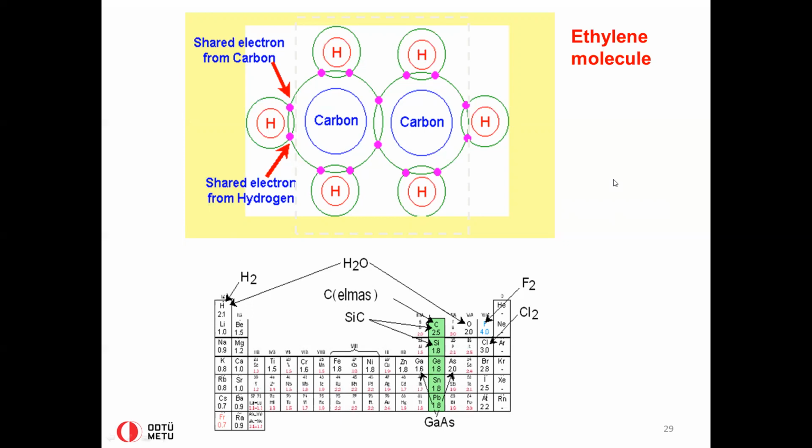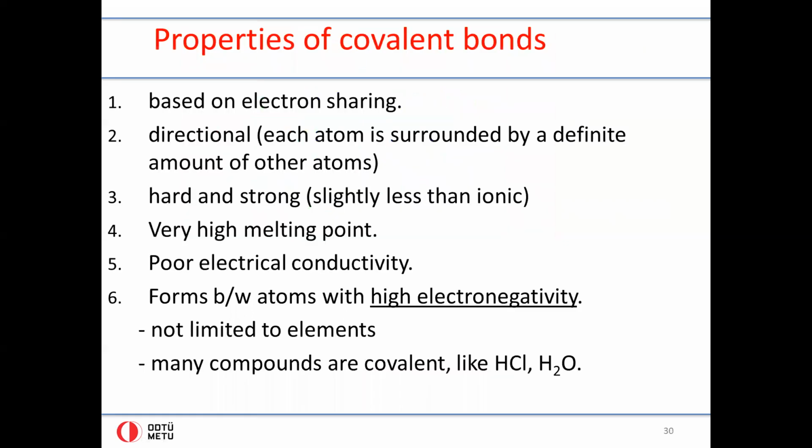This is because of the special position of hydrogen and how it can complete itself to a stabler condition by gaining an electron. So when we compare covalent and ionic, we see that this is based on electron sharing, not a transfer. It is directional in that each atom is surrounded not by the maximum number of neighbors, but a definite number of other atoms.